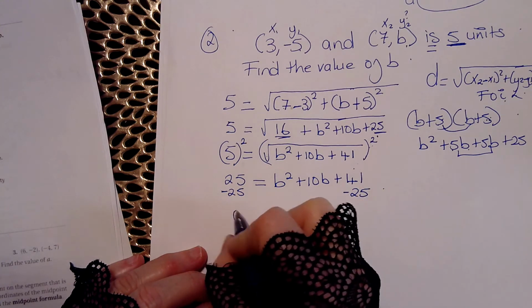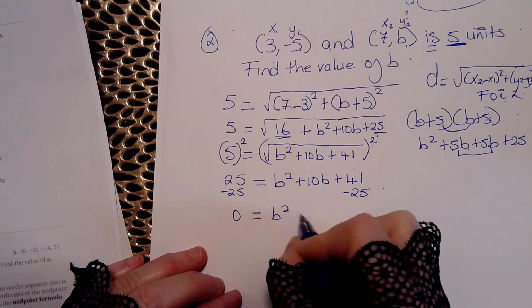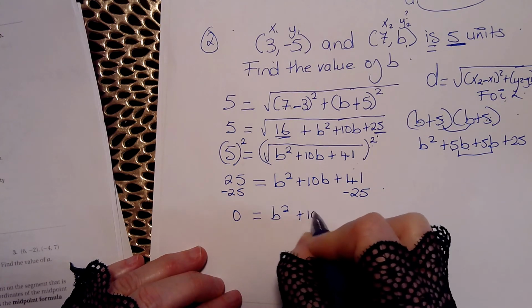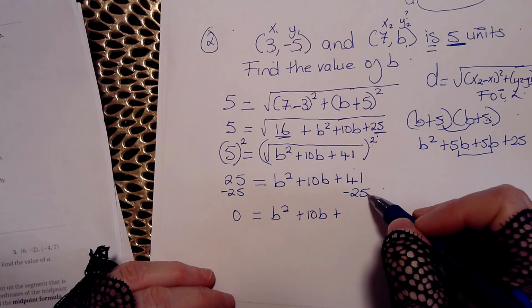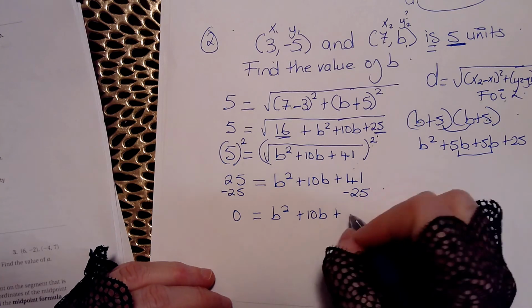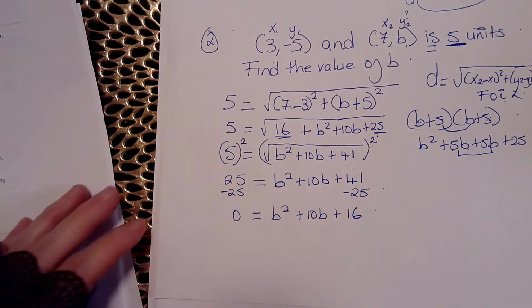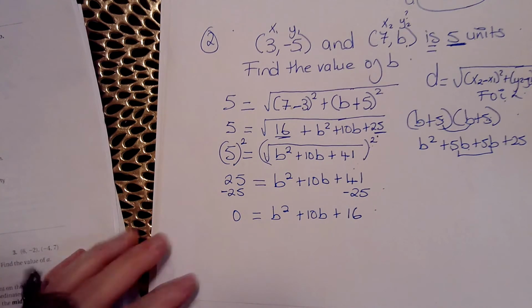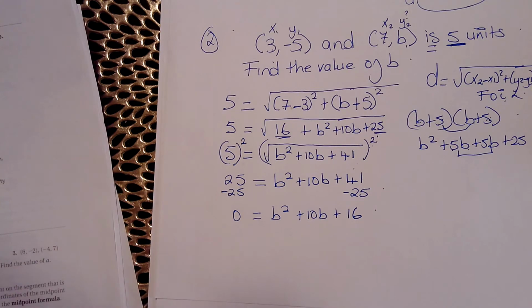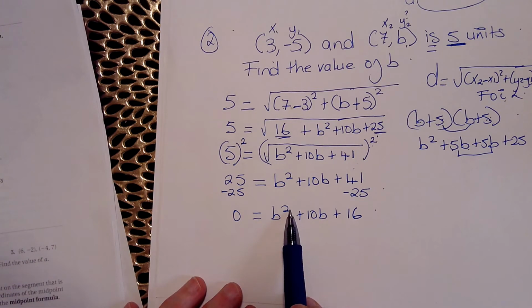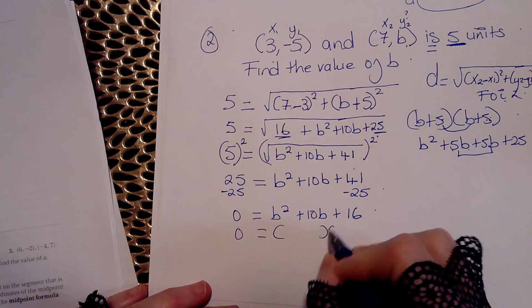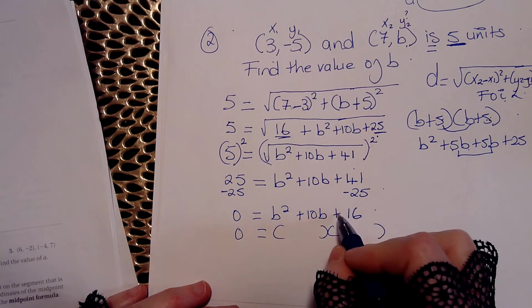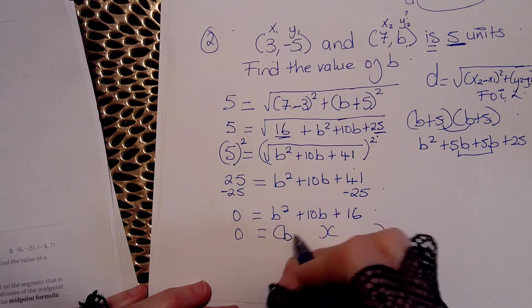So I've got 0 equals b squared plus 10b plus 41 minus 25, that's 16. Now I should be able to factor it, and there are probably going to be 2 solutions. So let's try factoring it. This tells me same signs and they're both pluses, so I can fill that in.